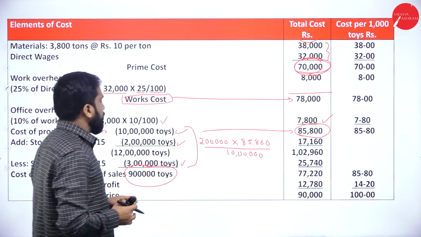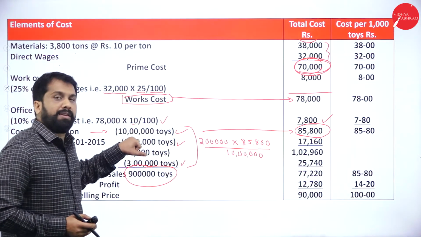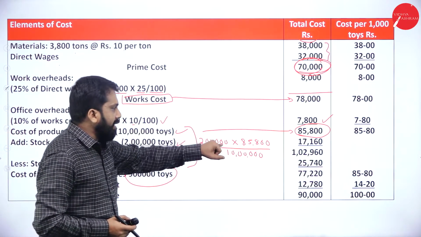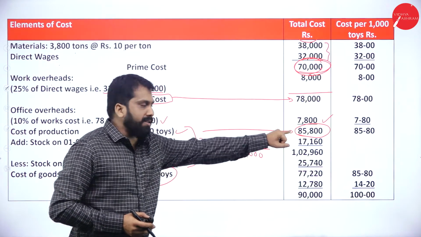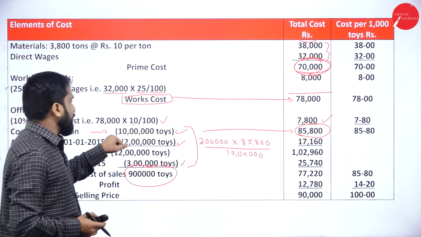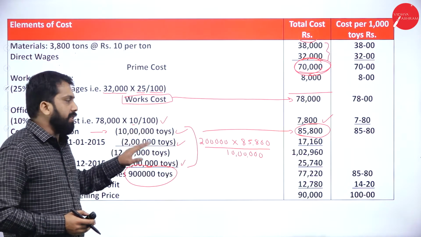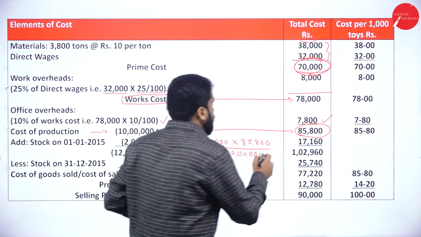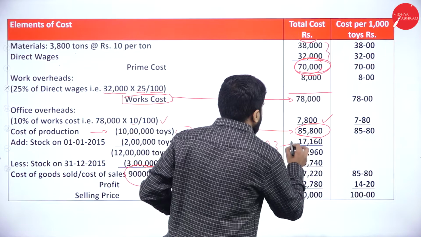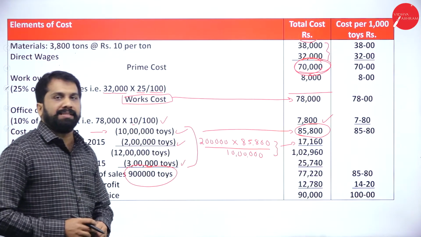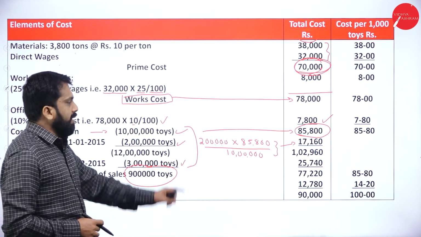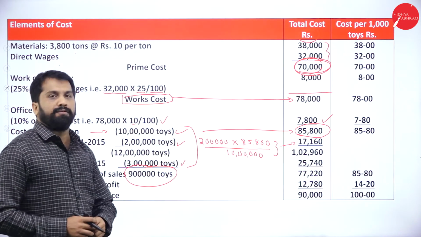Again, I'll repeat. You want for 2 lakh. What is the price? So, 2 lakh into 85,800 divided by 10 lakh. Hope you understood. Clear? If you do this calculation, you will get 17,160. Like this, you need to find out.